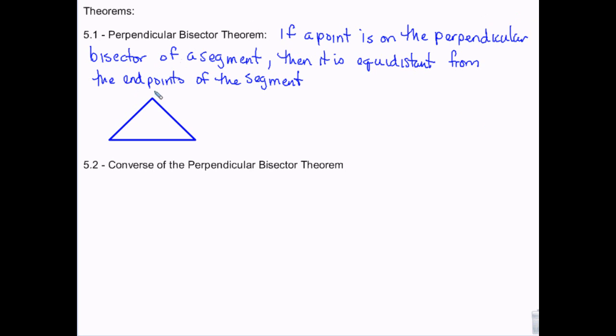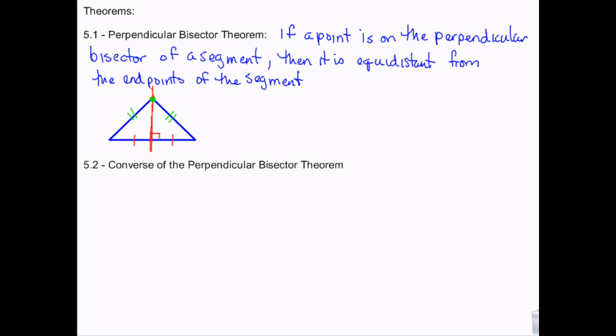So if I have a triangle and it has a perpendicular bisector that hits the vertex of the other side like that, not only do we know that these two sides are equally distant because that's the bisecting, because this point here is on the perpendicular bisector, I know that these two sides are also equally distant.